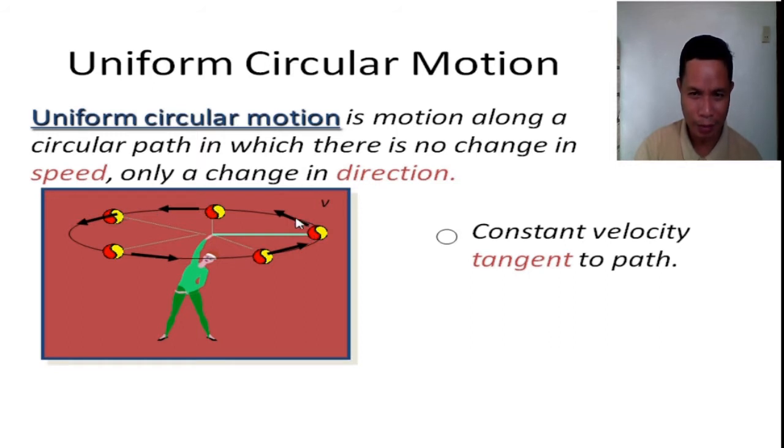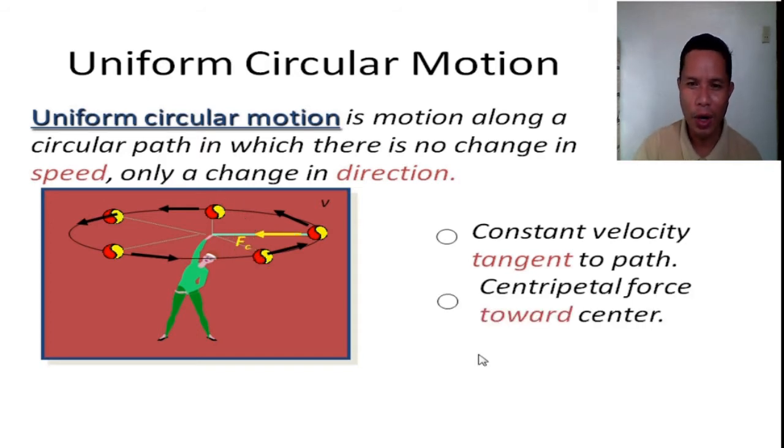So this is called the velocity, tangent to path. In other words, nandun po siya sa path ng circle. Okay? We have the word centripetal force. The centripetal force, we have the yellow arrow right here. So this is the centripetal force, toward the center.